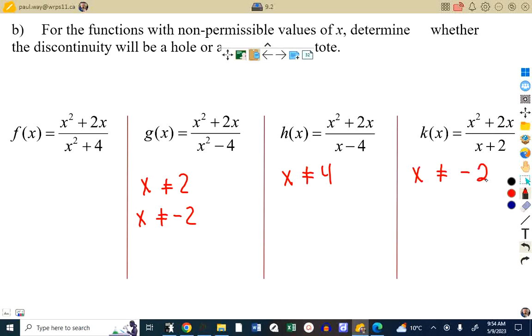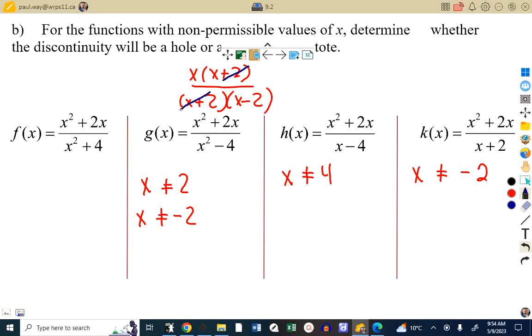Correct? Okay. Which of these correspond to holes and which correspond to vertical asymptotes? Well, we don't have any to deal with in f of x, but this is x times x plus 2 over x plus 2, x minus 2. And one of these factors cancels.